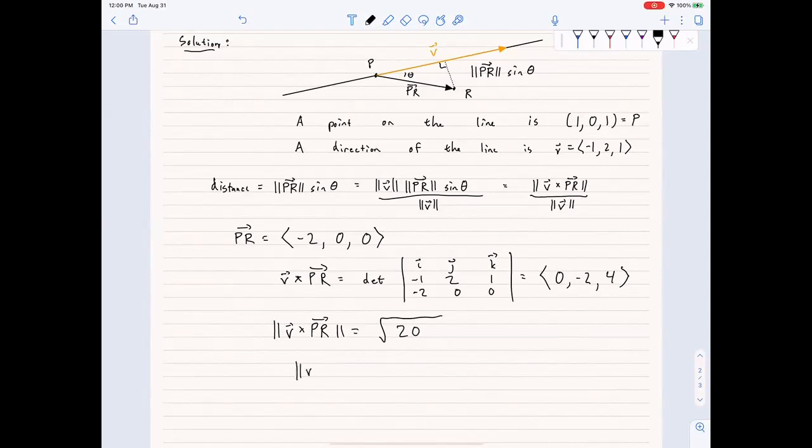And the magnitude of V, v is up here, is the square root of 1 plus 4 plus 1, which is the square root of 6. So my distance then is the quotient here, the square root of 20 over 6. I guess 10/3, whatever. You can simplify.